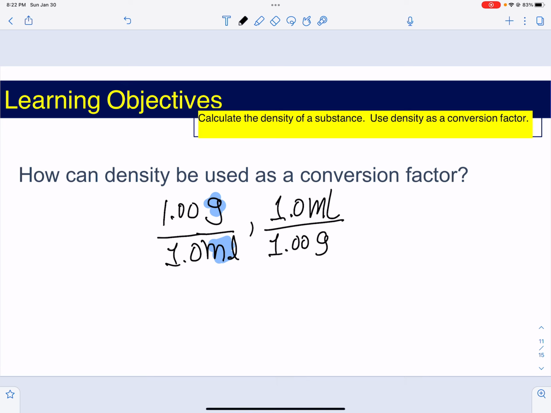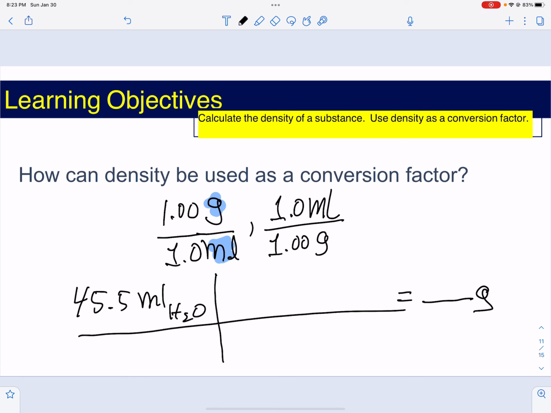So how can we use density as a conversion factor? If I have 45.5 milliliters of water, can you tell me how many grams that would be? Well, I want to go from milliliters to grams, so I'm going to have to do a conversion. I know that I don't want the milliliters, right?